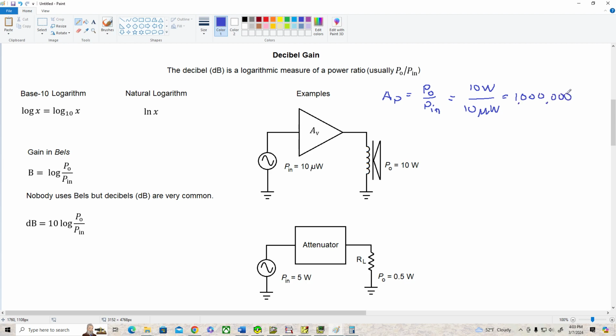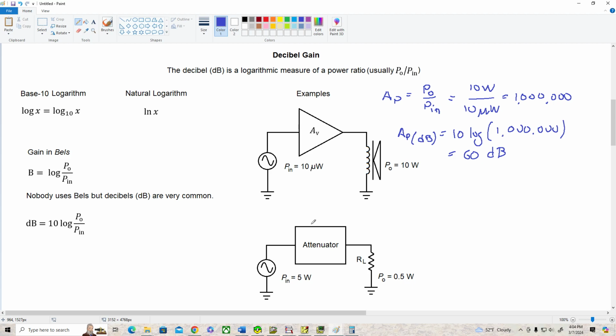All right, the power gain in decibels, I'll call that AP dB, is equal to 10 times the log of 1 million, which equals 60 dB. So this amplifier has a power gain of 60 decibels.